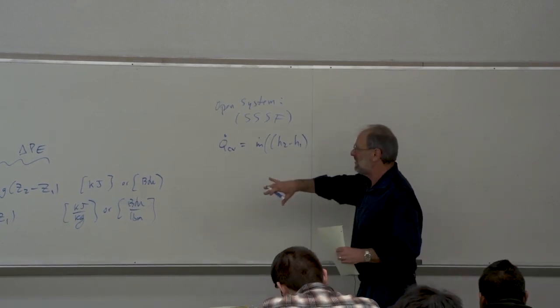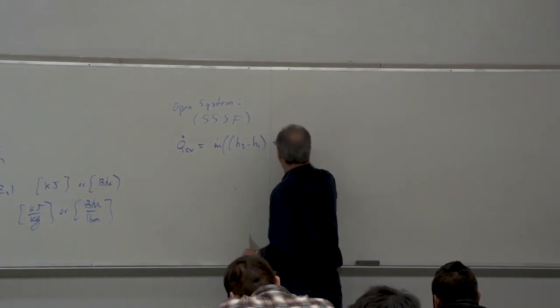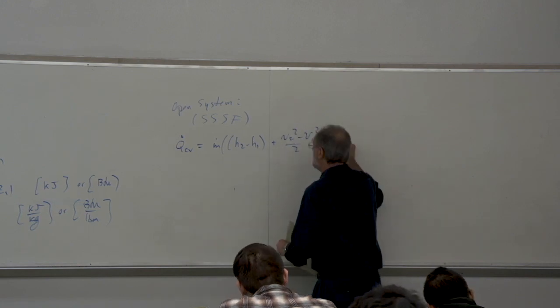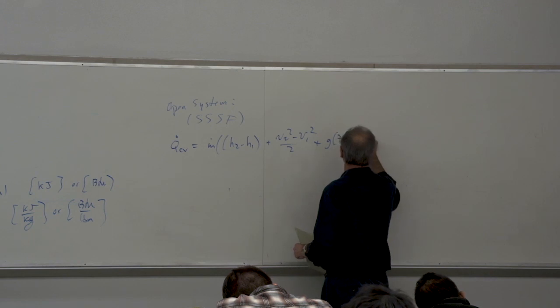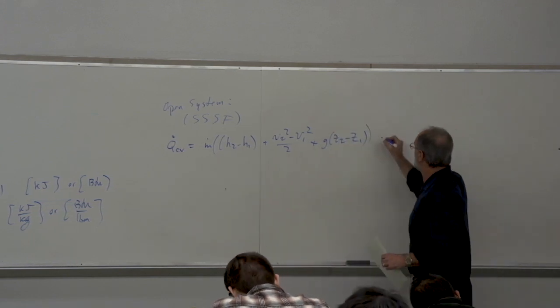It's the same terms we have over here, well, slightly different. We have an enthalpy change, we have a kinetic energy change, and we have a potential energy change. And this would then be an appropriate form of the first law.